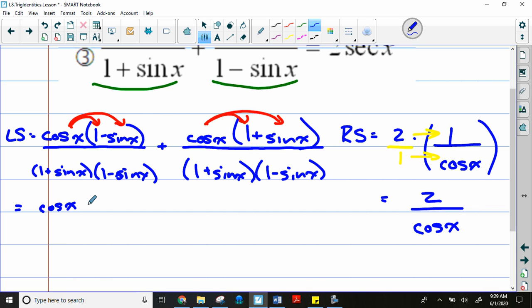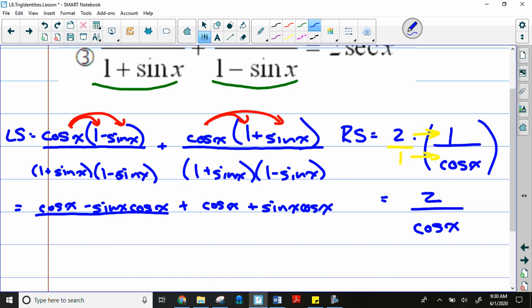Cos times negative sine is negative sine x cos x, because they can't multiply to give us an answer, so we just have to write them all out, plus cos x times 1 is cos x. Cos x times positive sine x is positive sine x cos x.